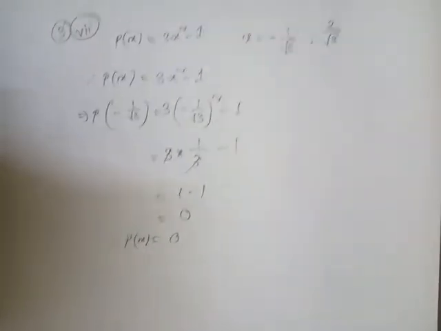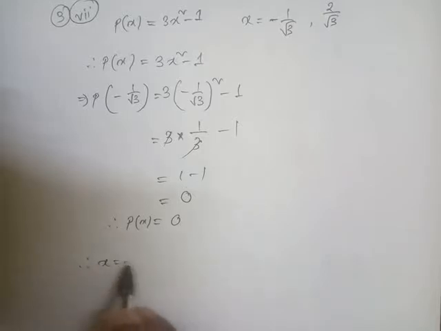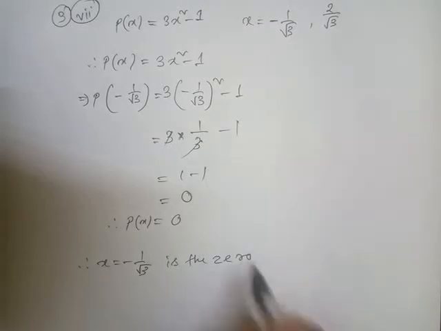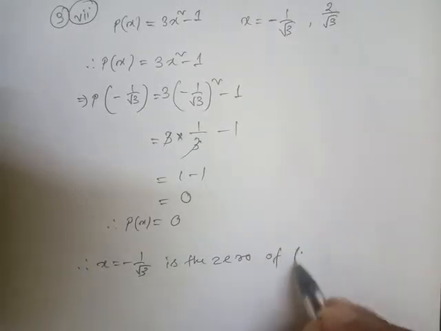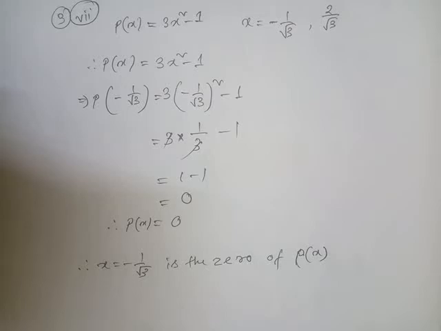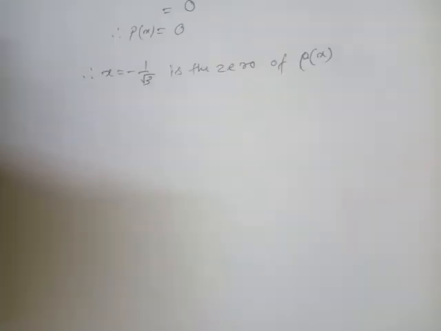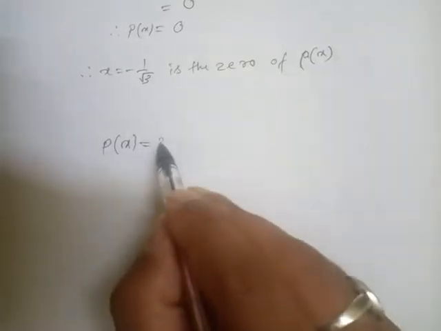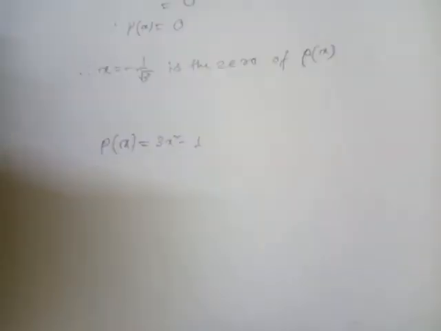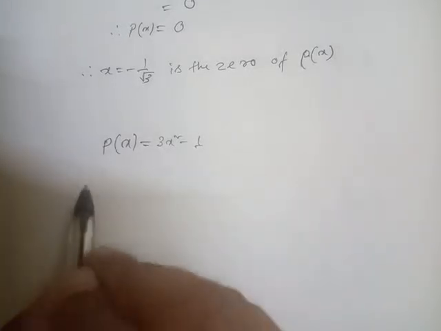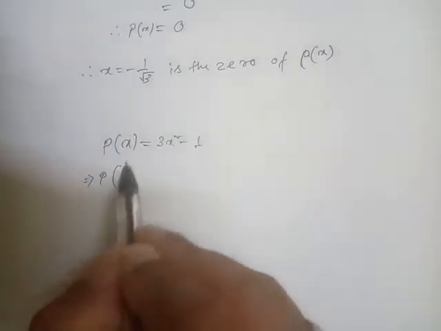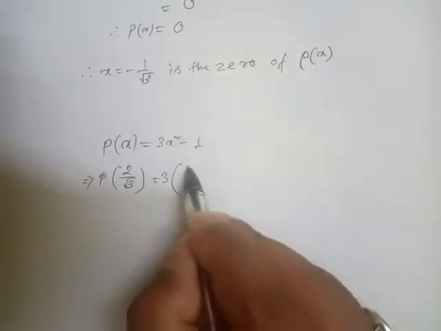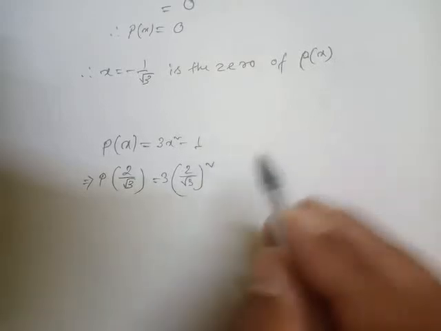Now look, students, we can write here that therefore x equal to minus 1 by root 3 is the zero of p(x), the first one. Now look, students, second one. Next, p(x) equal to 3x squared minus 1, and here for the second case we'll write the value, implies p of 2 by root 3. Now here is 3 into 2 by root 3 whole squared, then minus 1.